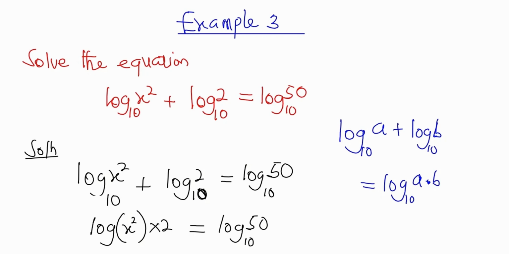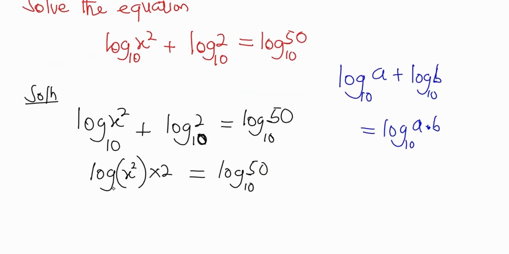And not forgetting that the logarithm of x squared by 2 has a base of 10. Now we can break it down and write the logarithm of 2x squared base 10, which is equal to the logarithm of 50 base 10.